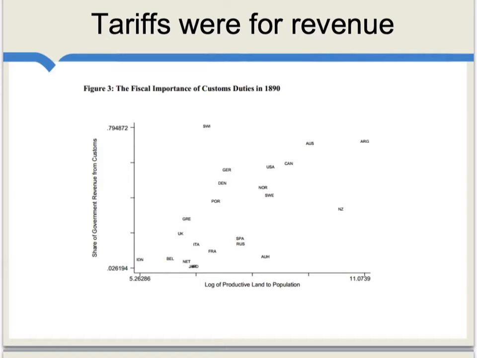So what this graph is showing, again with different countries as individual data points, is that there is a positive relationship whereby land-rich, labor-poor countries are relying quite a bit on tariffs for government revenue. So maybe the overall positive correlation between high tariffs and economic growth has more to do with government revenue perhaps than with arguments for or against free trade.